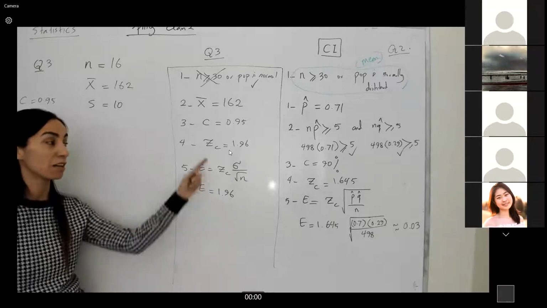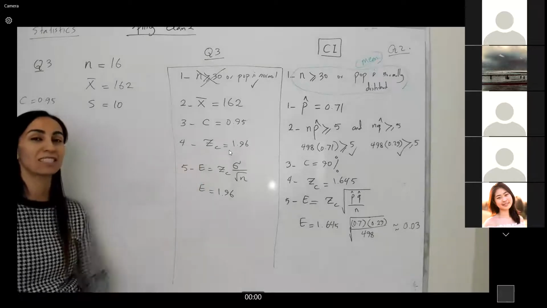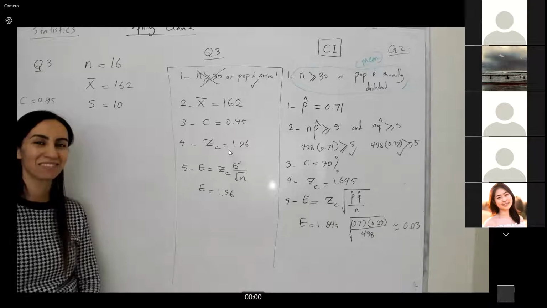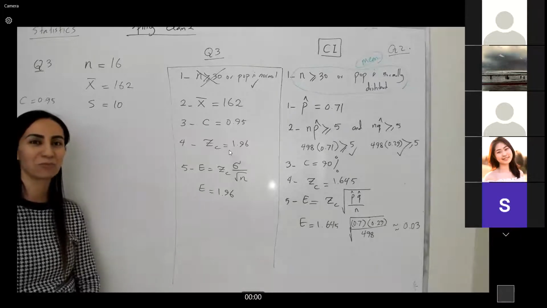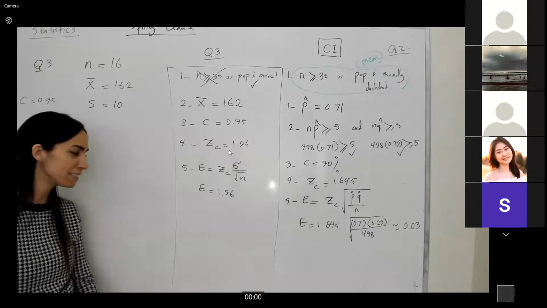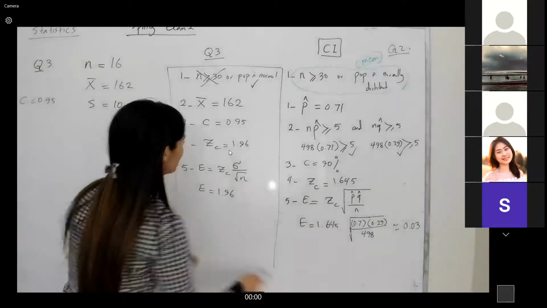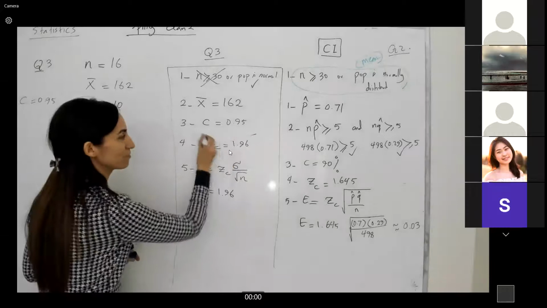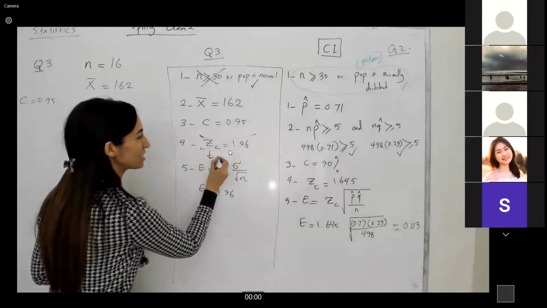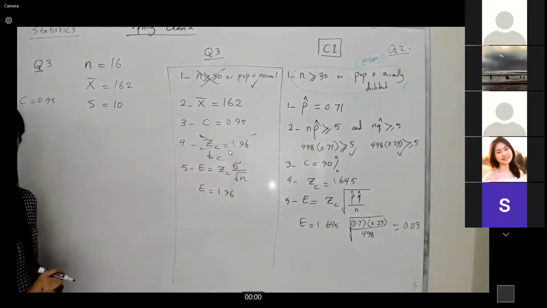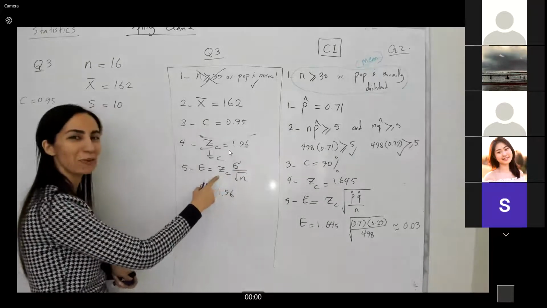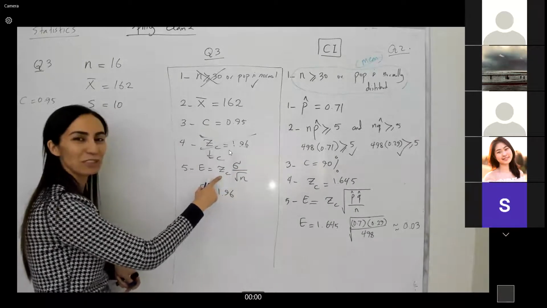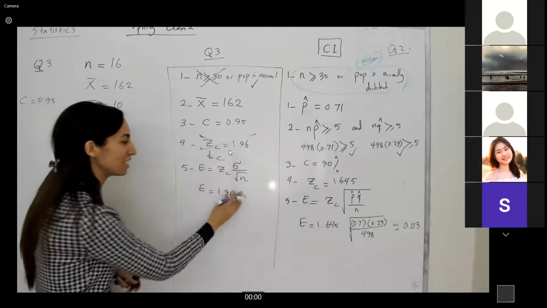Are we using ZC? No. What are we using? TC. Yes. TC. We cannot use this formula. We have to use a formula with TC in it.